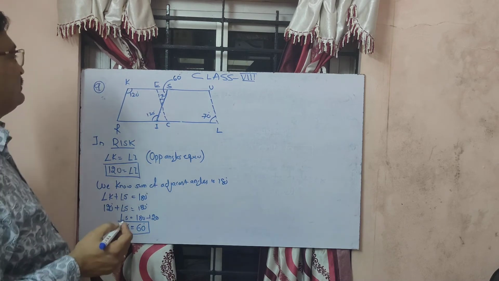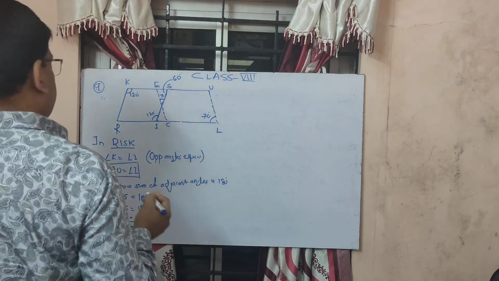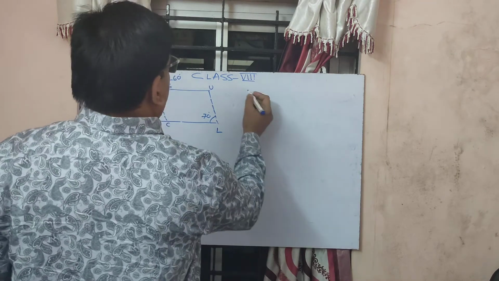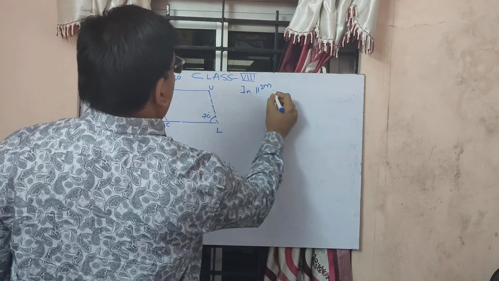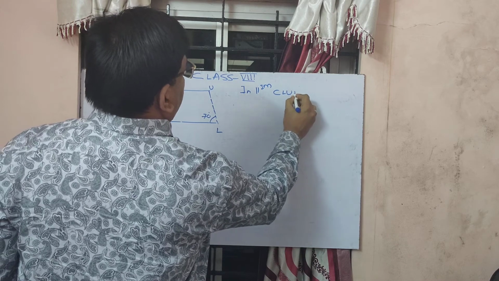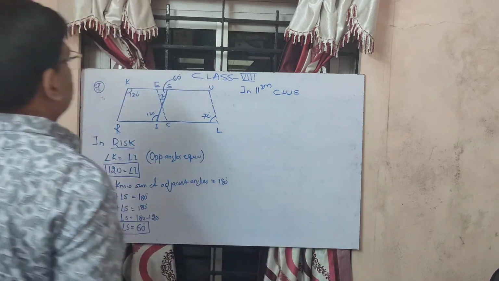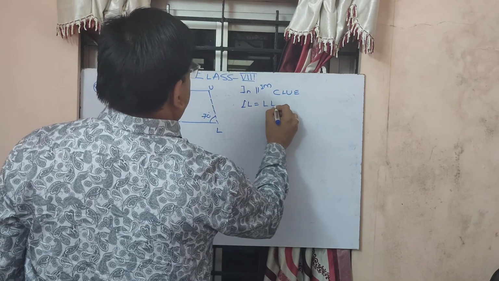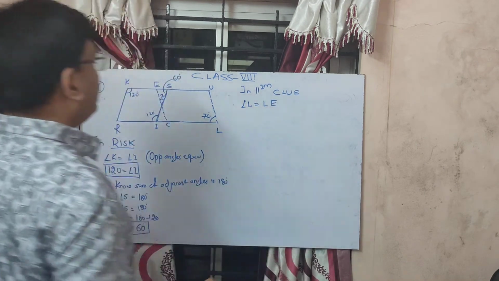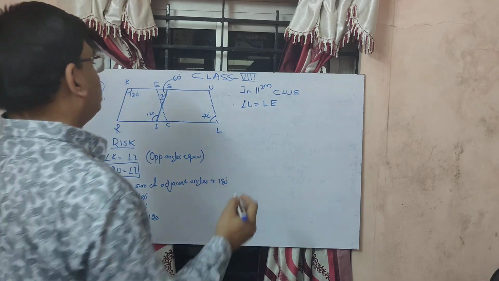Now let us move to the another quadrilateral, that is another parallelogram. In parallelogram CLUE, angle L is equal to angle E. Why? Opposite angles equal.